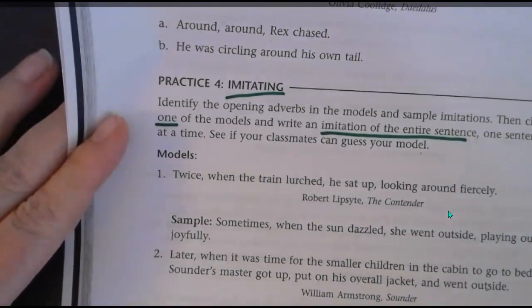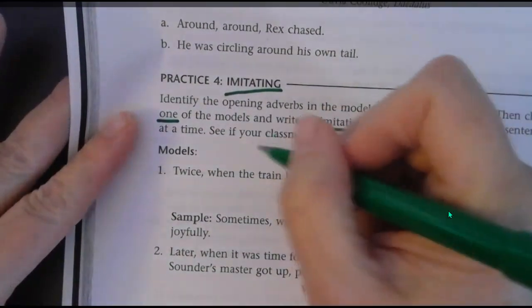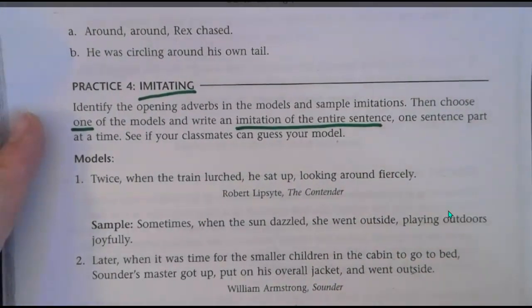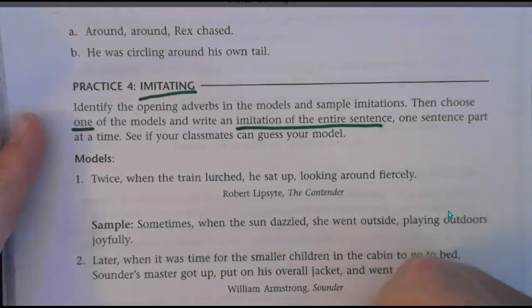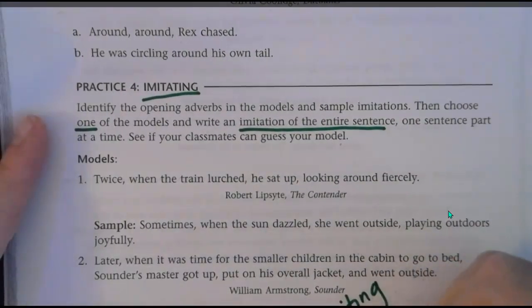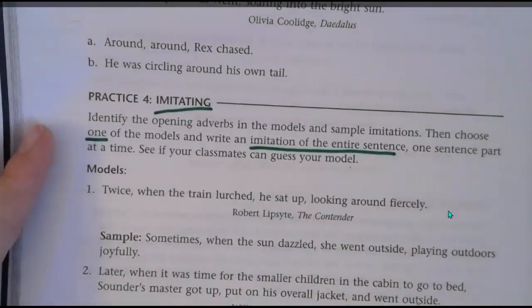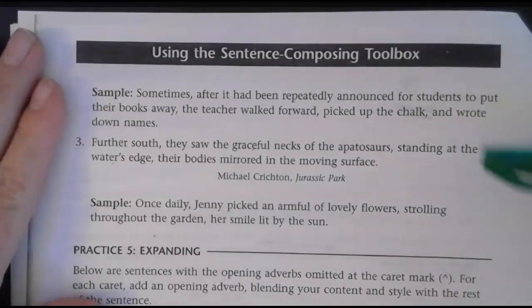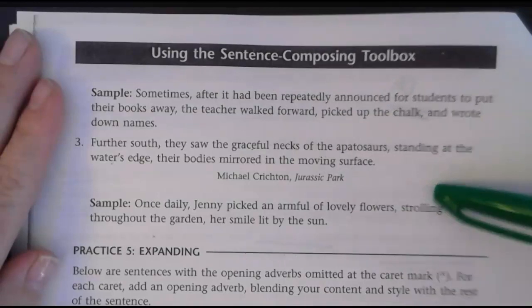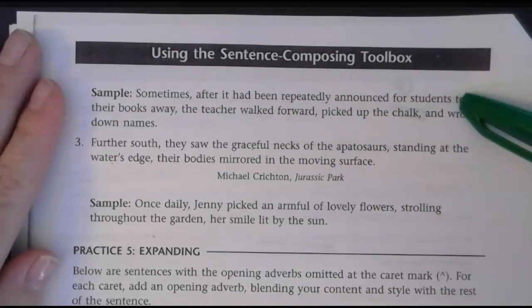And what you're going to do, you're going to read those 3 models, you're going to read the 3 samples, and then you're going to identify those opening adverbs, and then you're going to just choose one of the 3, and you're going to write an imitation of that entire sentence, one sentence part at a time. So you are writing your own sentence that imitates that.